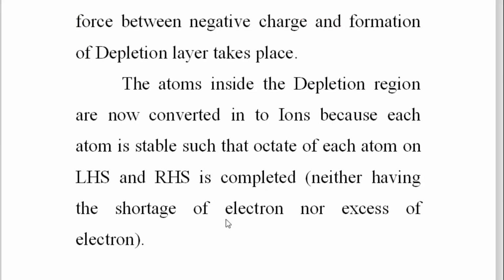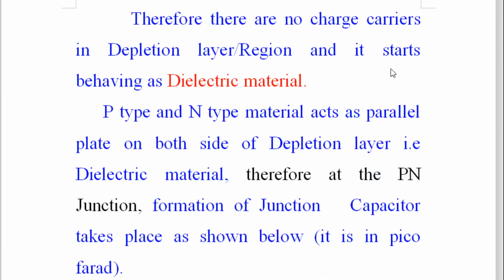Neither having a shortage of electrons nor an excess of electrons, therefore there are no charge carriers in the depletion layer or region, and it behaves as dielectric material. Inside the depletion layer there is no charge carrier because all atoms are stable.